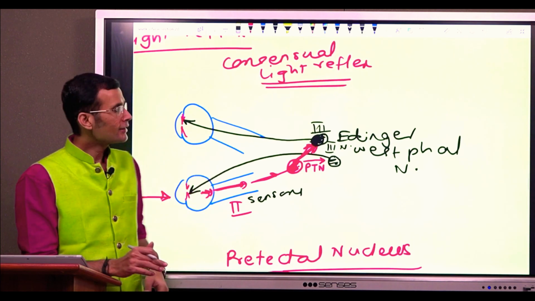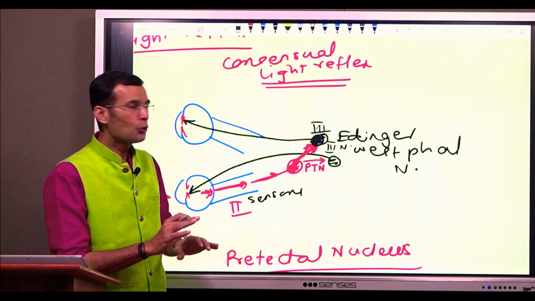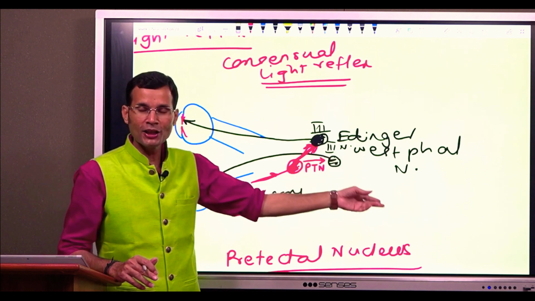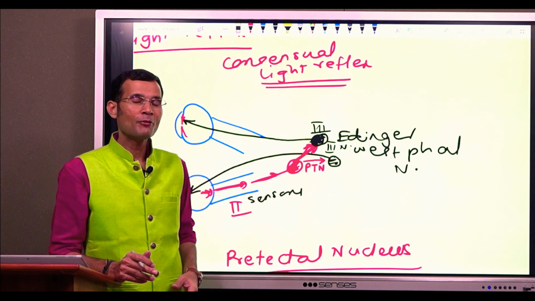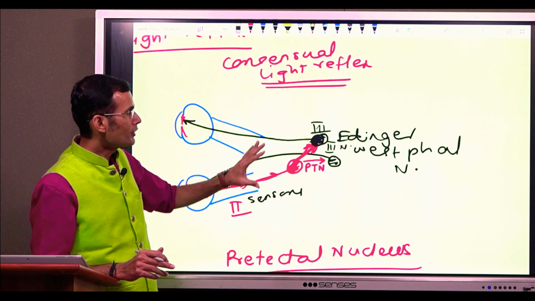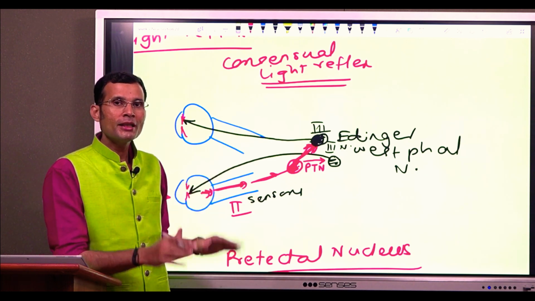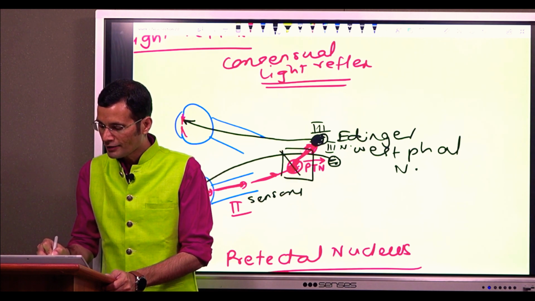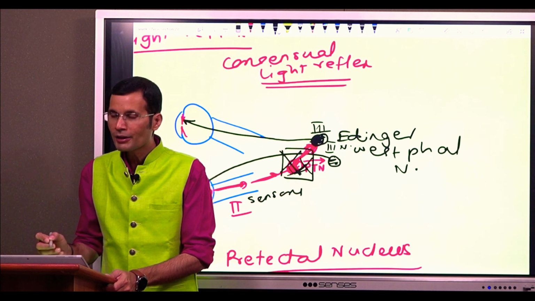Pupillary light reflex is absent. So even in the pupillary light reflex, second nerve was needed, third nerve was needed, and what else was needed? Pretectal nucleus.